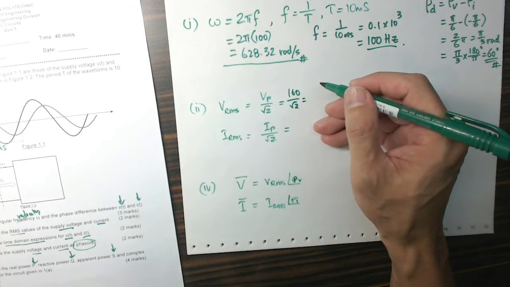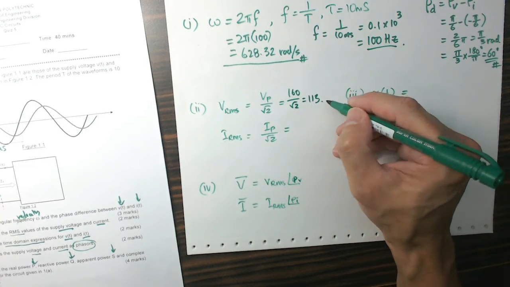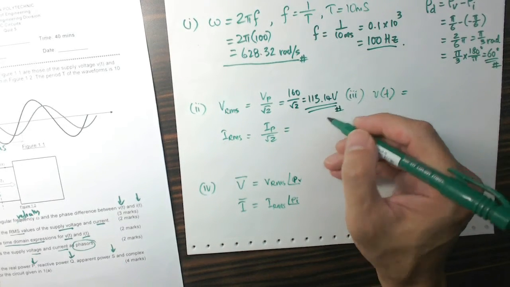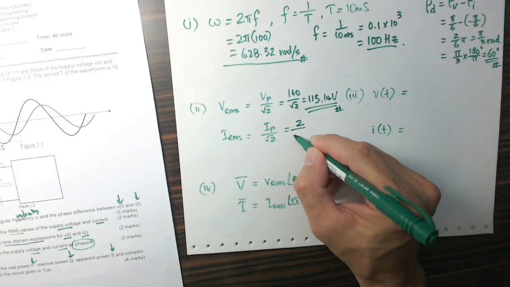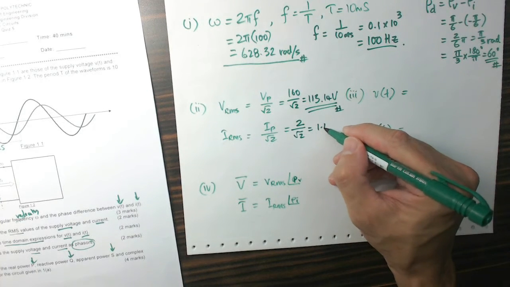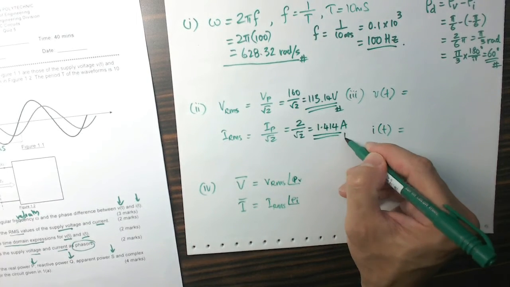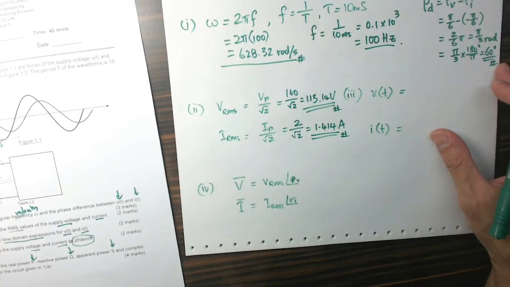That gives me a value of about 113.14 volt. That's the RMS value. And for current, I pick 2 divided by root 2. That's about 1.414 amps.